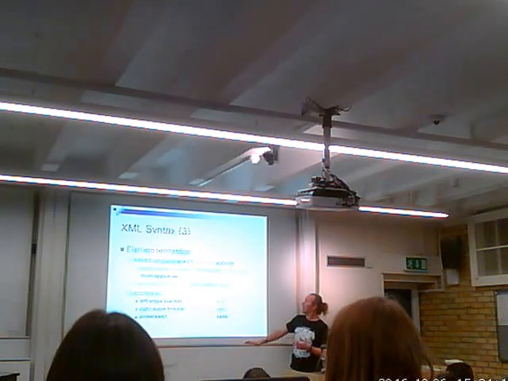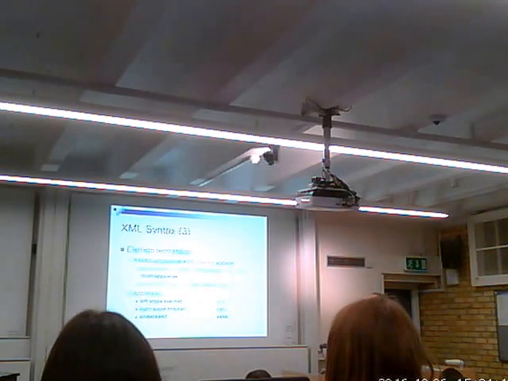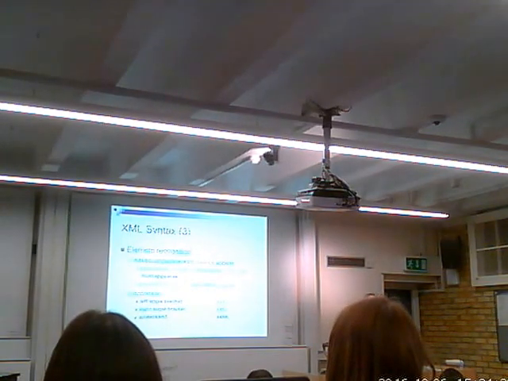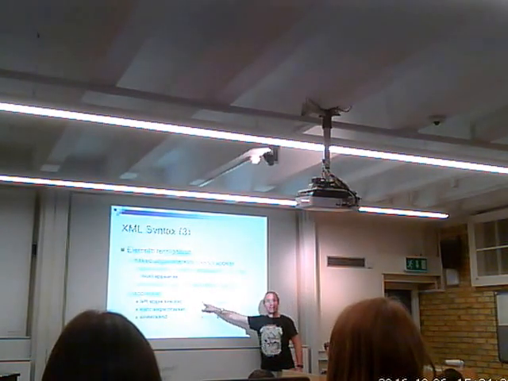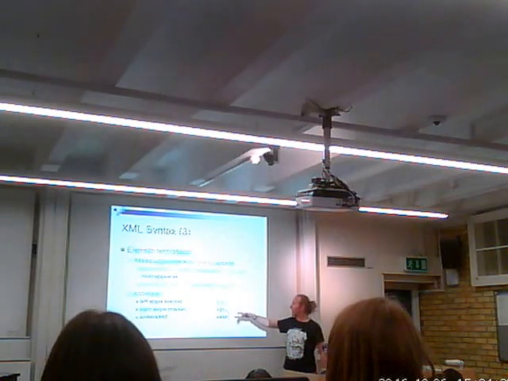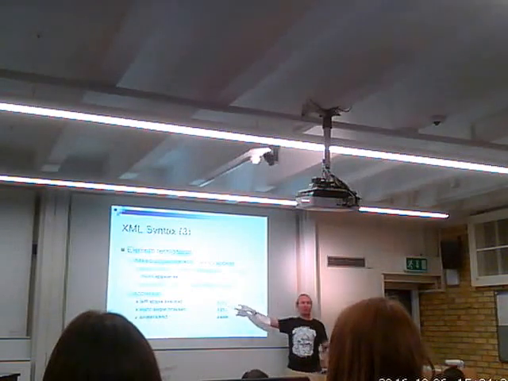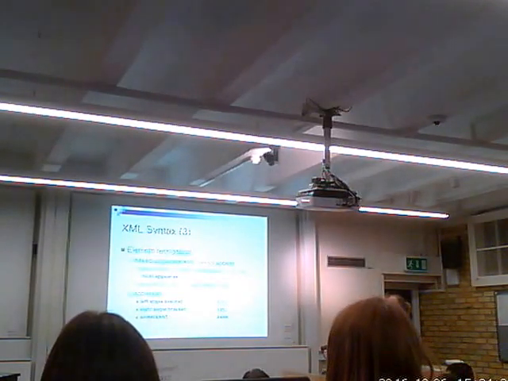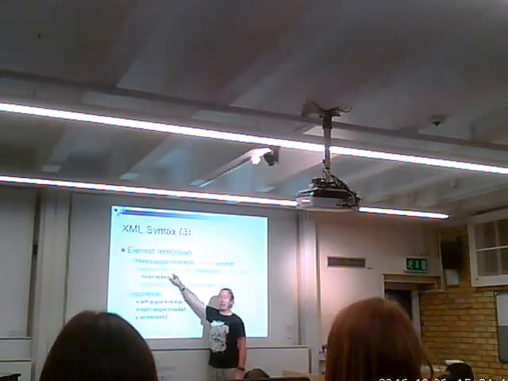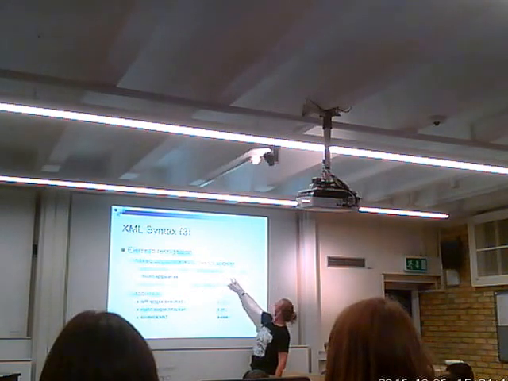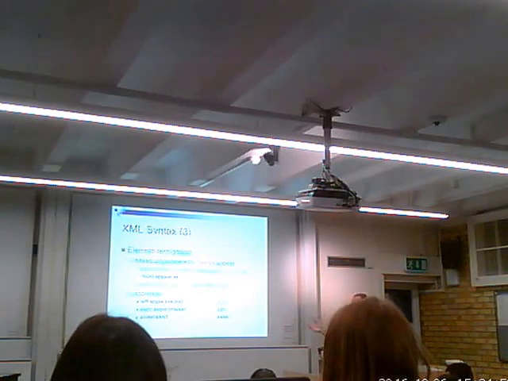Because of that, we have something called entities, which are a way of displaying that character through a special name. So, for example, because the left angle bracket is a special character within XML, if you want to use it as data, you have to write ampersand LT semicolon. That's how you get access to that character. In the example above, we've replaced the left angle bracket in our bit of programming code with ampersand LT semicolon. The same for right angle bracket.